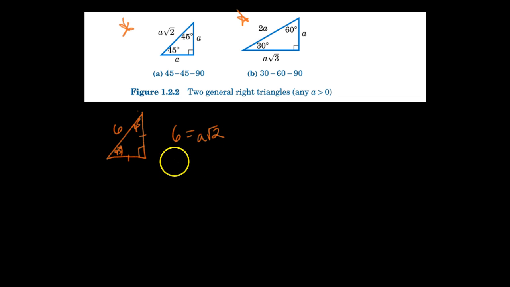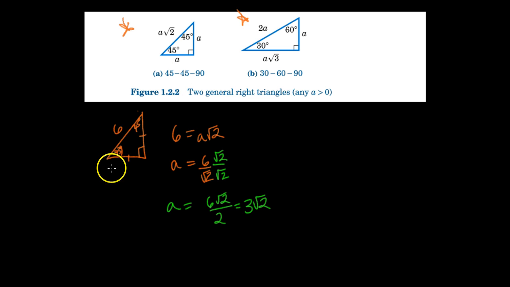If you solve for a by dividing both sides by the square root of 2, you have 6 over root 2. You could rationalize the denominator by multiplying the top and bottom by the square root of 2. So that tells me that a is equal to 6 root 2 over 2, or 3 root 2. Both of these sides would be 3 root 2.